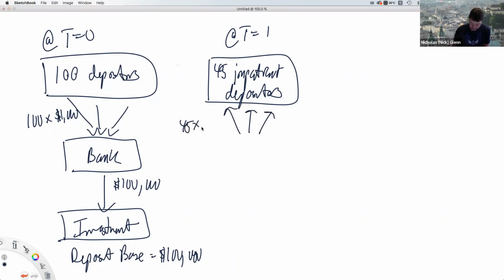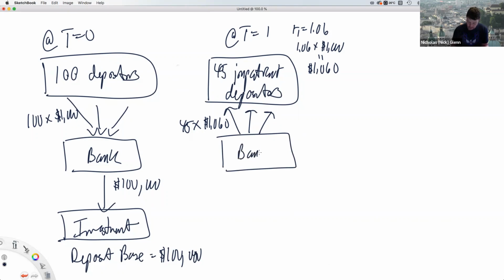So 45 times what? What is going to be withdrawn? Well, remember the return r1 is 1.06. So 1.06 times 1,000 is going to equal 1,060. So the bank is going to pay out 1,060 to each early withdrawal here.